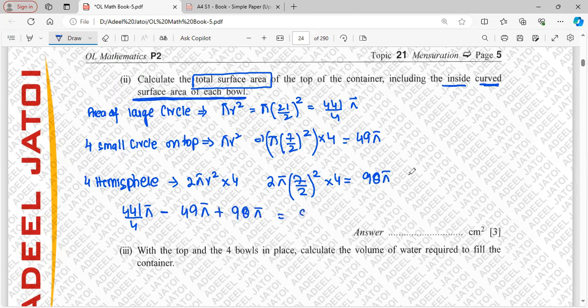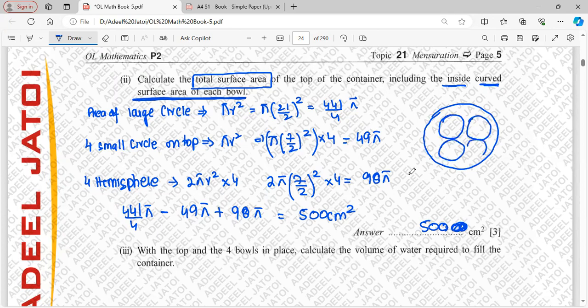So what we'll be getting is 500 centimeters square when calculating through the calculator. So this is the total surface area of what? The top, which is this circle, and we are excluding the 4 circles at the top.